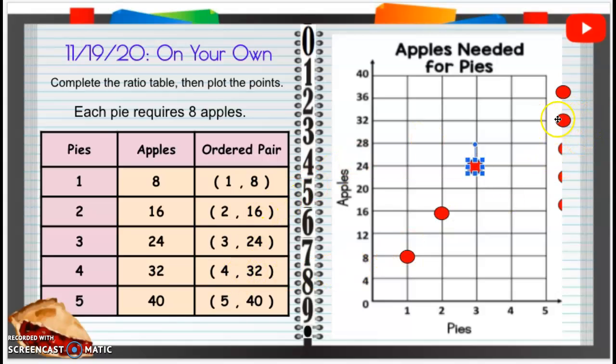Then 4 pies, 32 apples. So 4 pies up to that 32 apples. And then last but not least, 5 pies, we'll have 40 apples. So that is going to be it for our graph there. That's it. Great job.